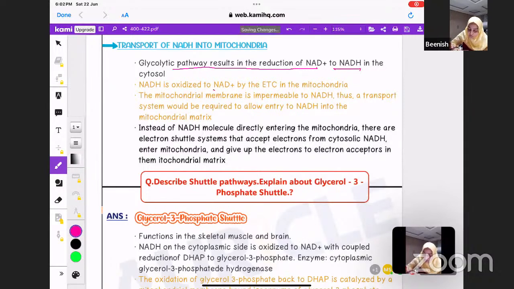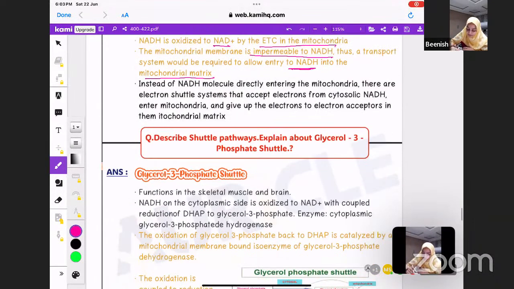The NADH is oxidized to NAD by the electron transport chain in the mitochondria. Now, the inner mitochondrial membrane is impermeable to NADH. Thus, a transport system is required to allow the entry of NADH into the mitochondrial matrix. For NADH to cross this membrane, we have various shuttles.